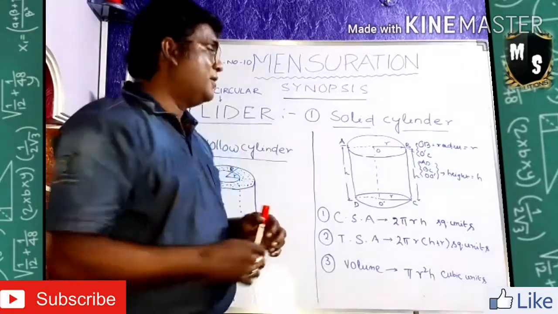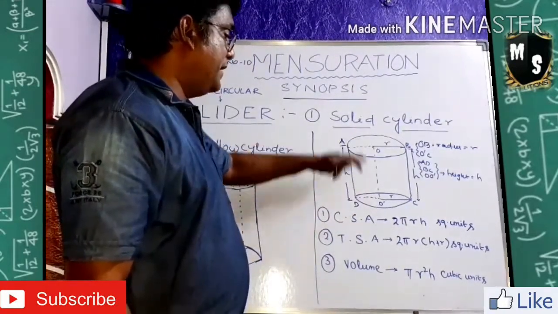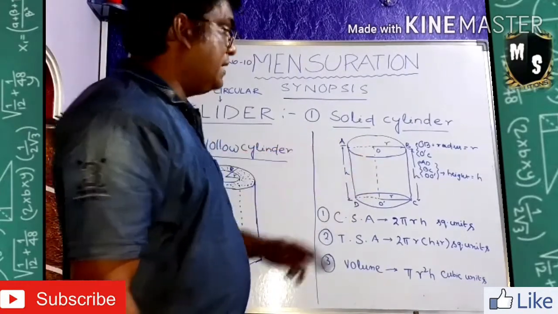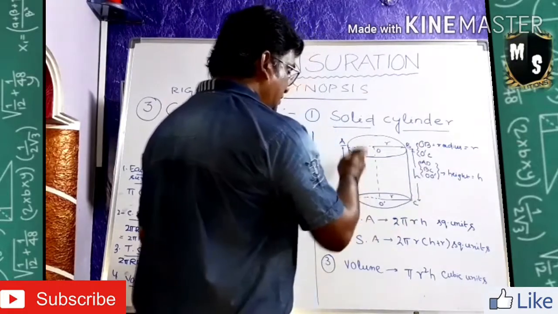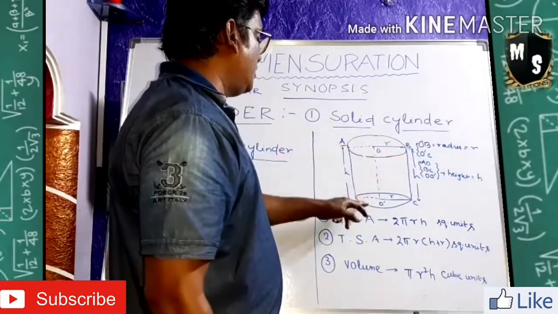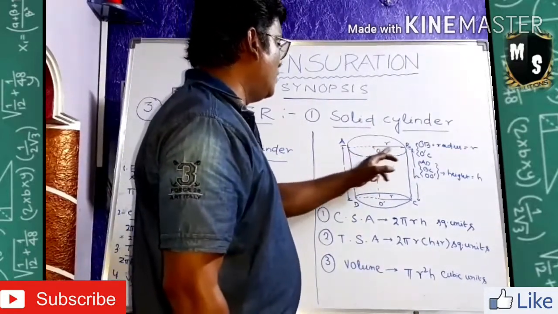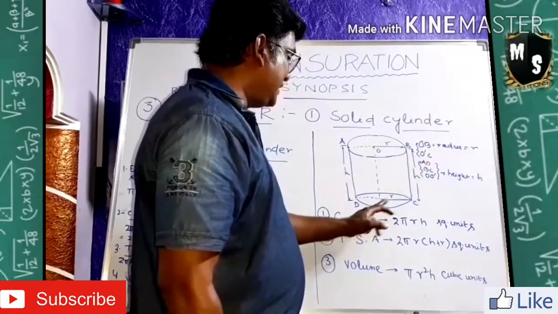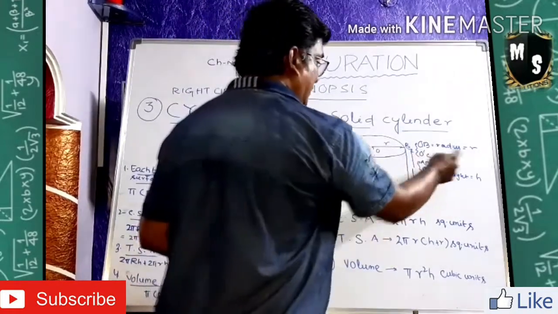Especially, a cylinder has two circles at the base and at the top, and it has a height involved in it, the height of the cylinder. As the base and top are circles, there is a radius involved. So here the radius is OB, I wrote here, and O dash C is the radius. OB and O dash C are called the radius.